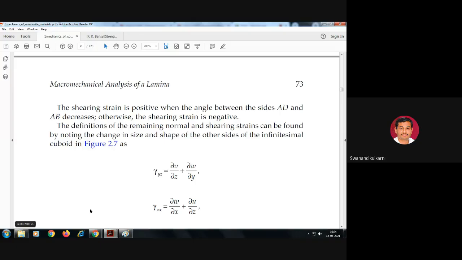Is it okay? So one laminate may have a number of different layers, maybe 10 layers, 15, 16, 20 layers, with one layer kept over another like a heap, and whatever construction gets formed is the laminate.